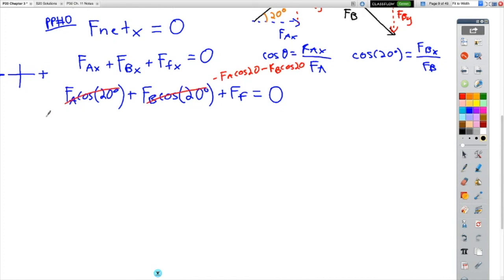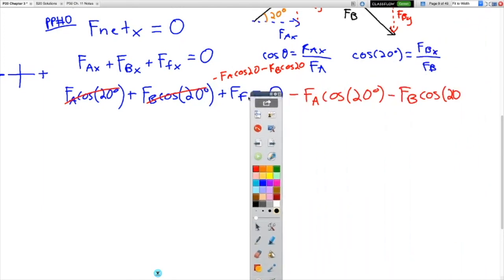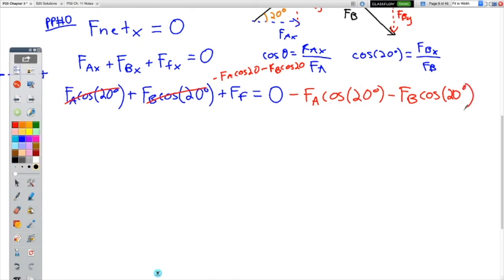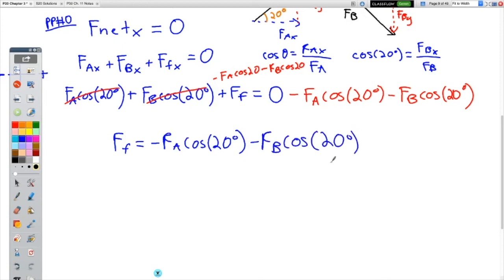I can't do that to one side and not the other, so minus FA cos of 20 degrees, minus FB times cos of 20 degrees. So what are we left with? The force of friction that must be present here if the net x force is 0: FF equals negative FA cos 20 degrees minus FB cos of 20 degrees.